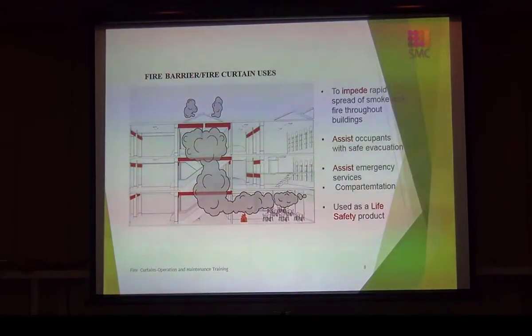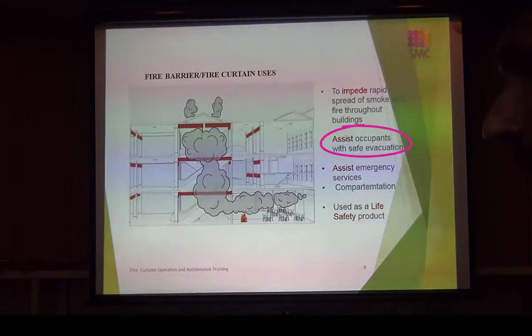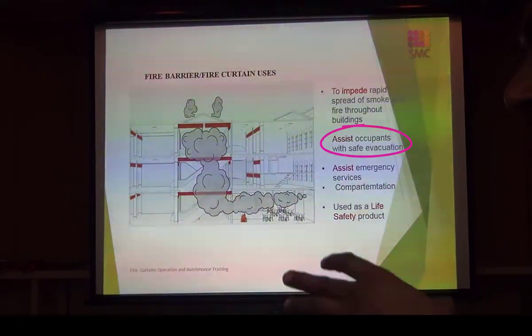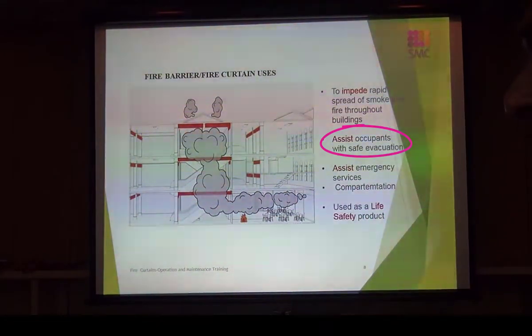These fire curtains slow down the spread of smoke, and then they help the passengers or people in the area to evacuate, because due to smoke, if they cannot find the way, visibility is affected.